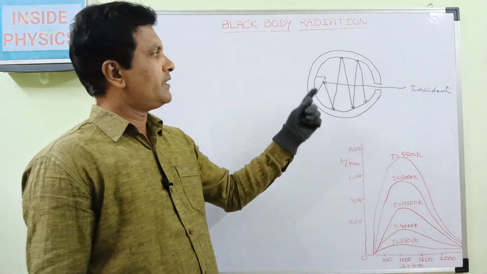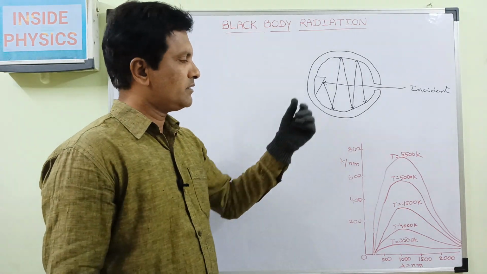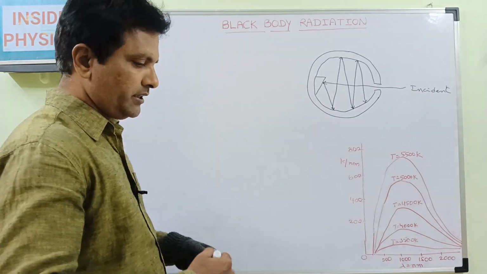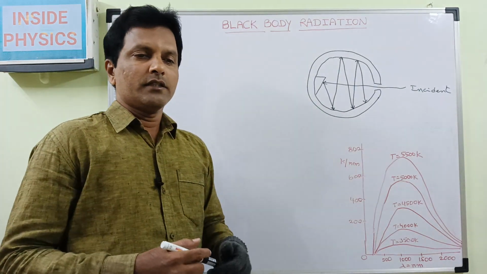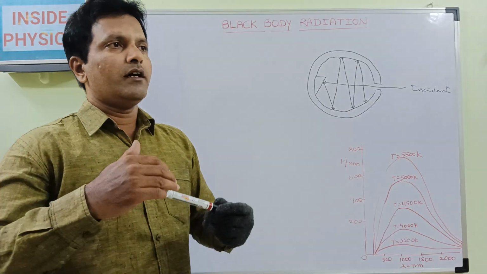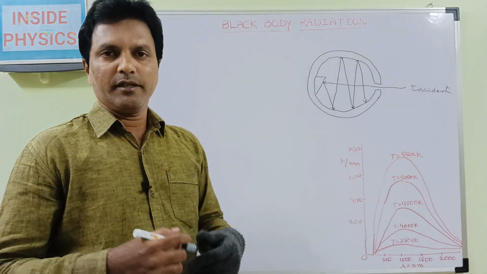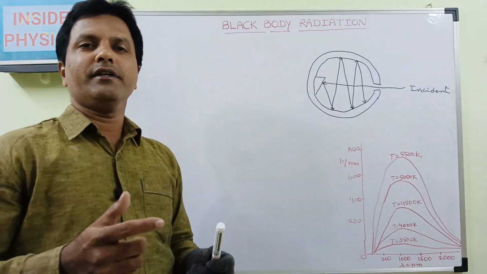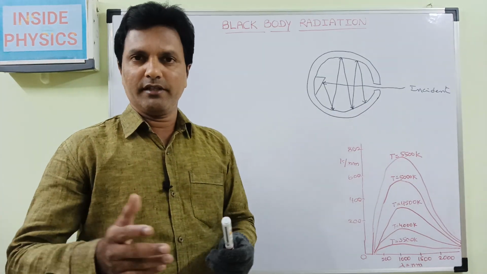If we analyze the radiation coming out of this black body with an infrared spectrometer, we can say that the radiation emitted by the black body will have some peaks at some wavelengths.